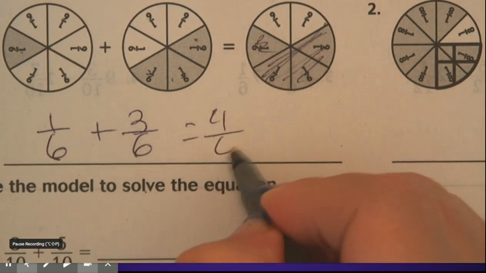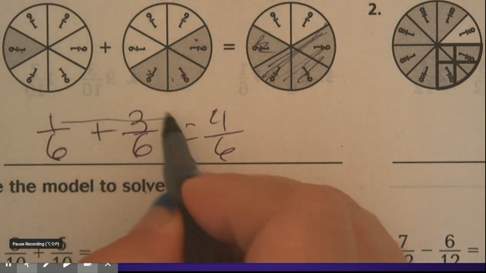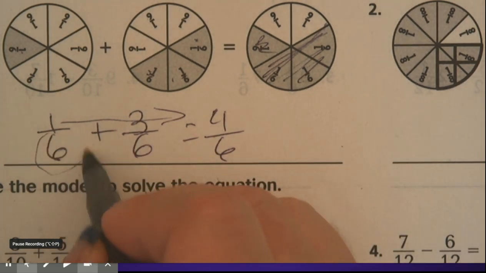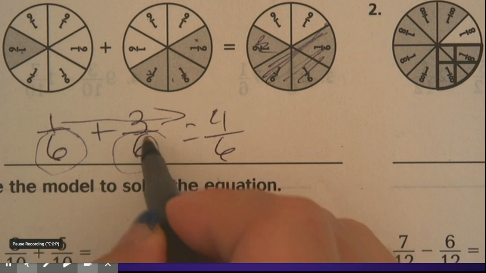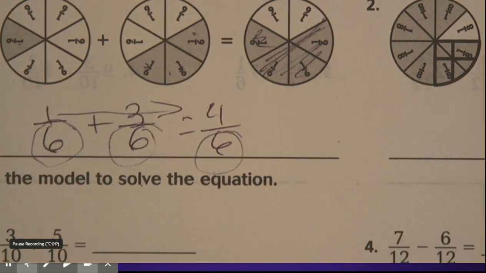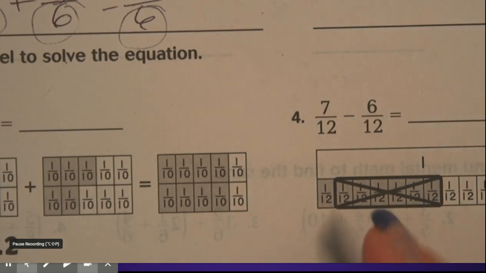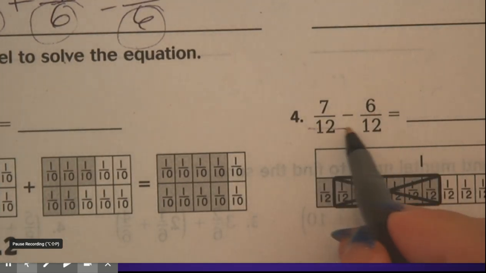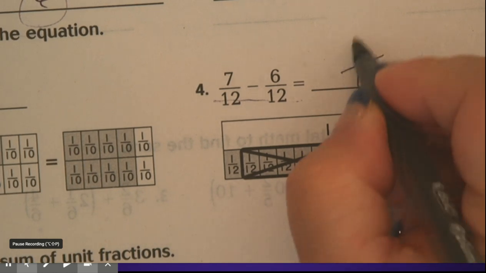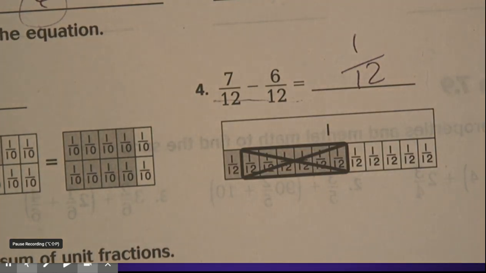You get 4/6. You just add the numerators straight across. Once they have the same denominator, you leave the bottom alone. Subtracting, once they have the same denominator, you leave the bottom alone and you just subtract the top.